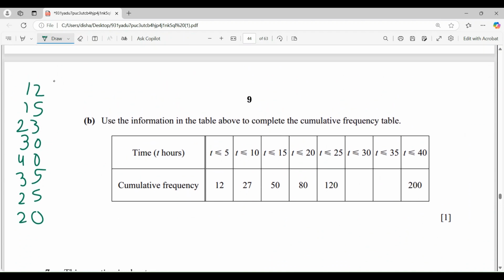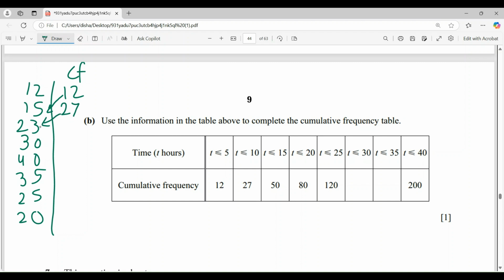Now to get CF, what are we supposed to do? The first value remains the same. Then go on adding in this manner. 12 plus 15 will be 27. Now whatever this added value is gets added to the next value.